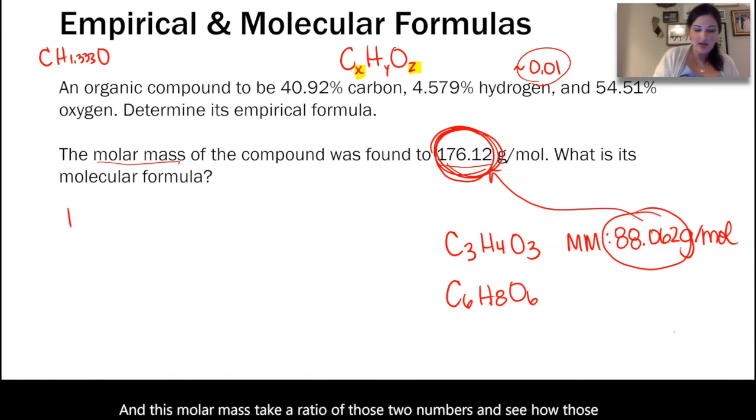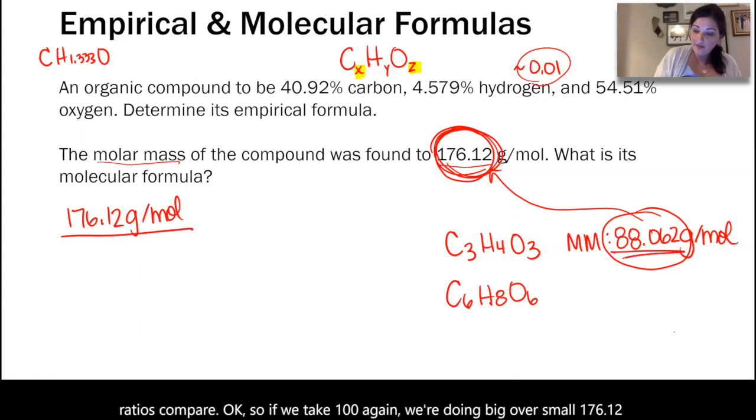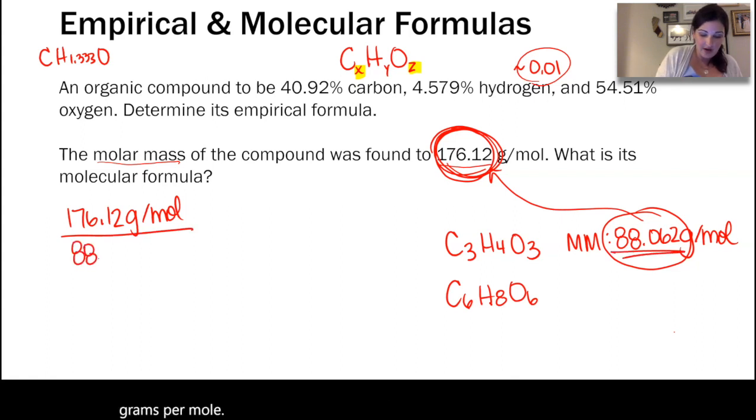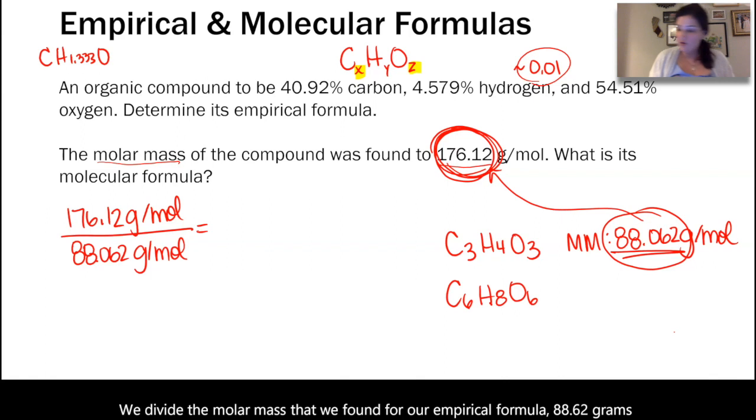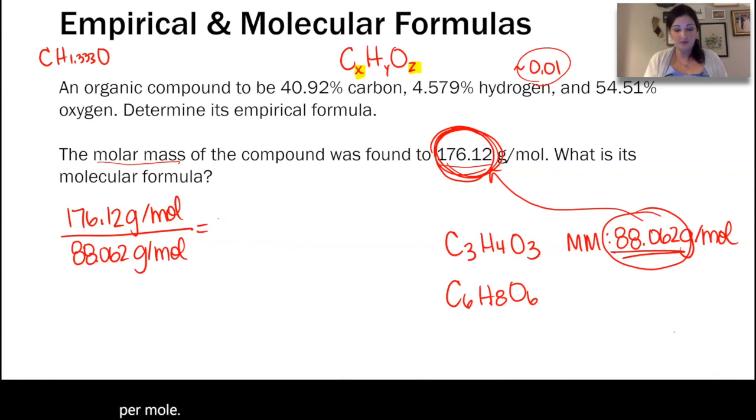So if we take, again, we're doing big over small, 176.12 grams per mole, and divide by the molar mass that we found for our empirical formula, 88.062 grams per mole, what do we get when we divide those two numbers?